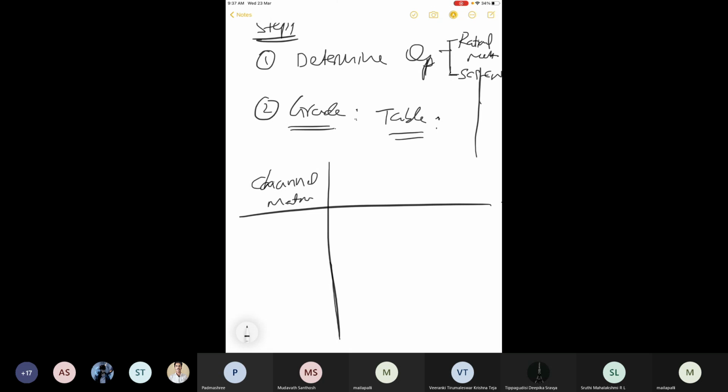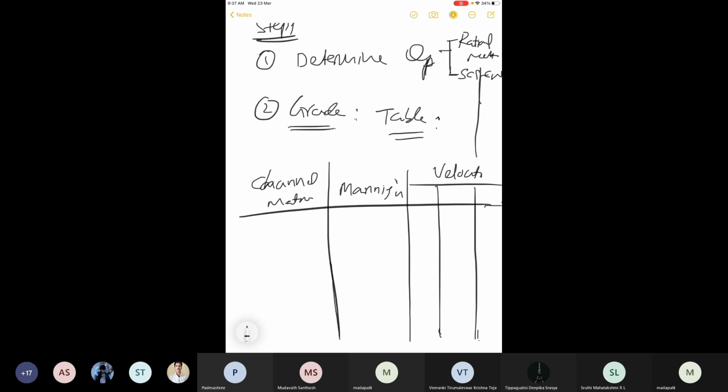And then in column number 2, you have the Manning's n, the roughness coefficient corresponding to the material. And then the velocity. These permissible velocities are given based on the type of water you have.